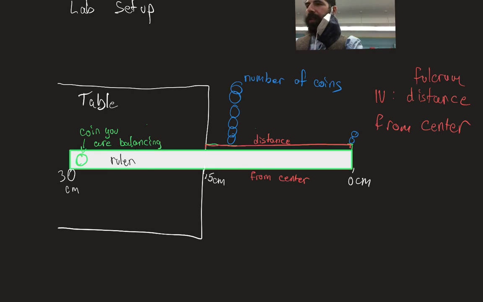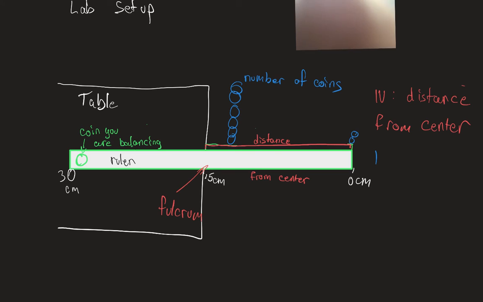Let me write that where it is. And your dependent variable would be the number of washers that balance, or coins.